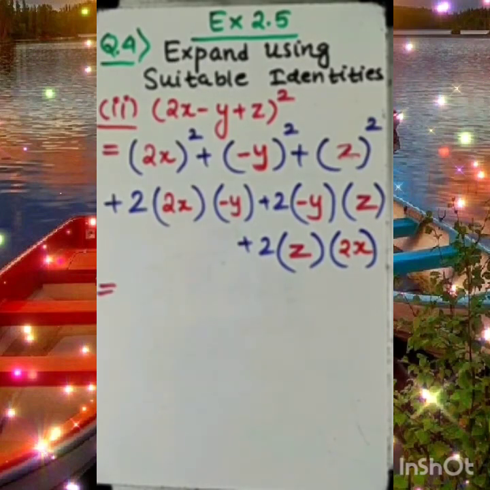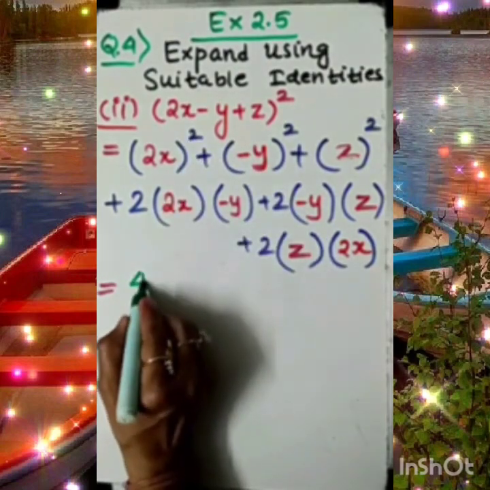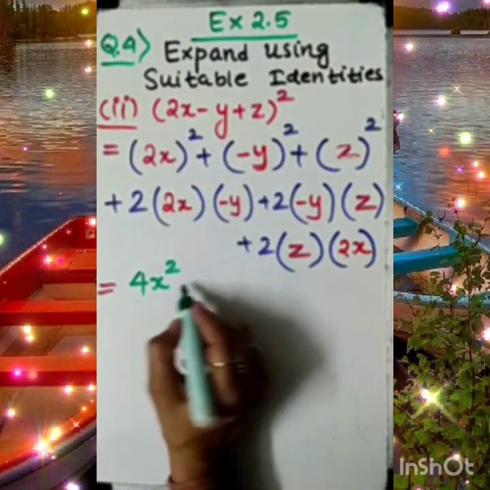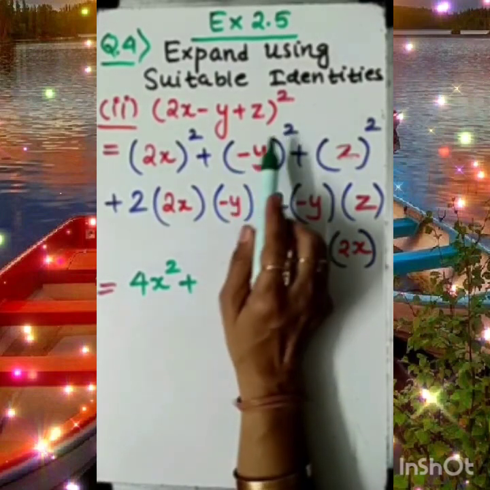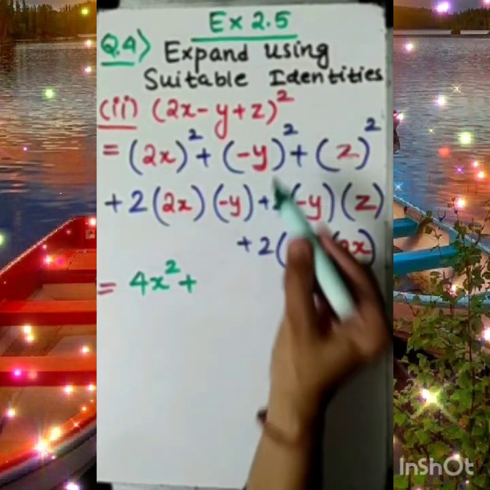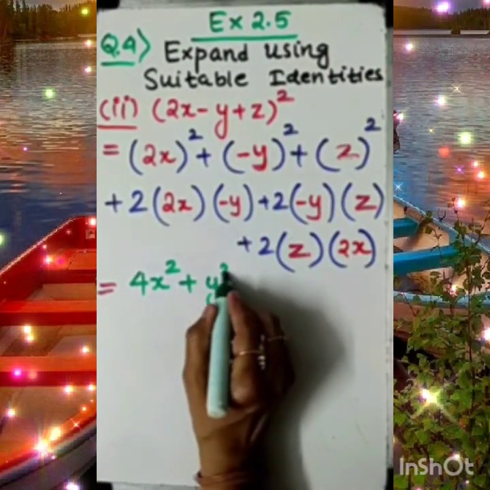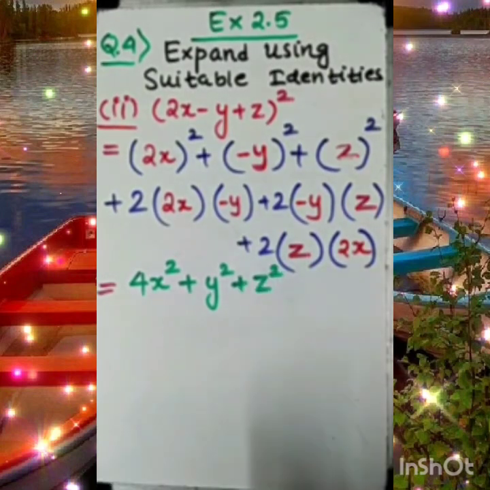Just look at your screen. We know 2 square will be 4x square. Now always remember, dear student, the square of a negative number will also be positive. Square of any negative number will also be positive, and this is already positive, so z square will remain the same.